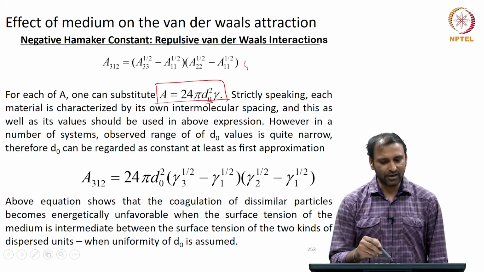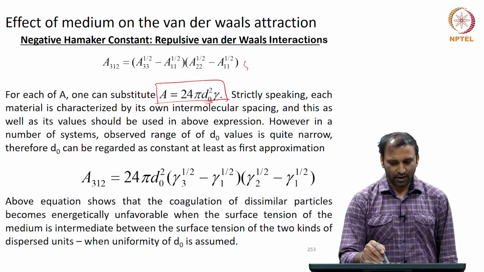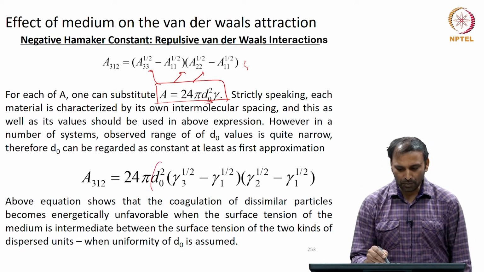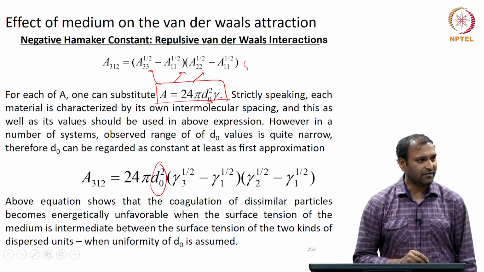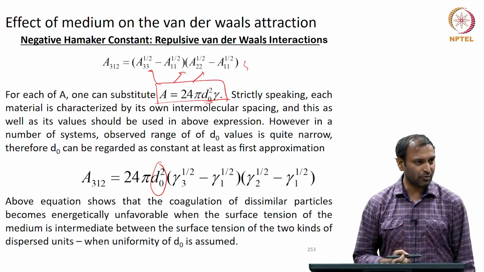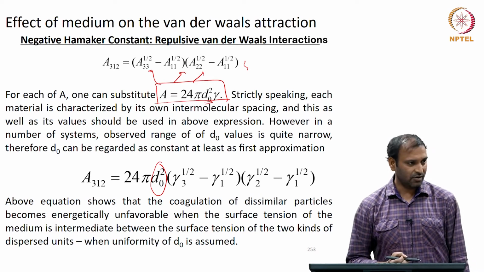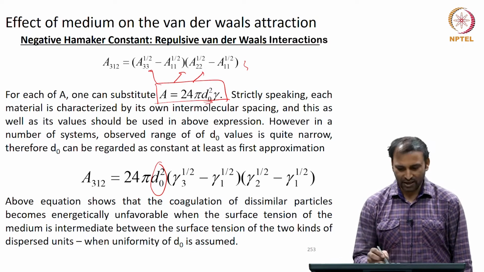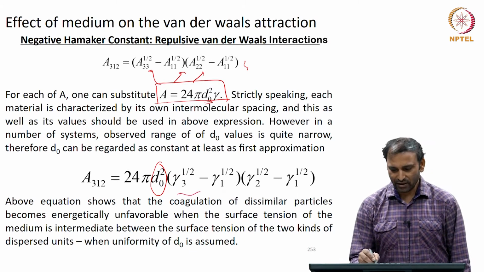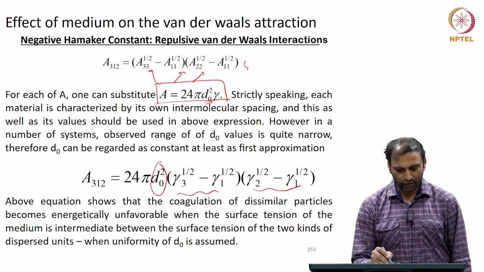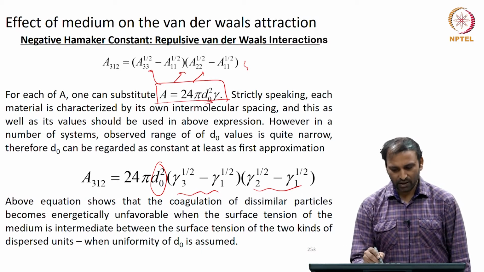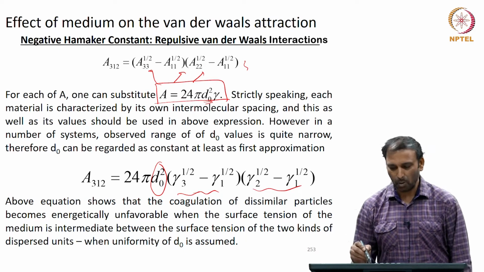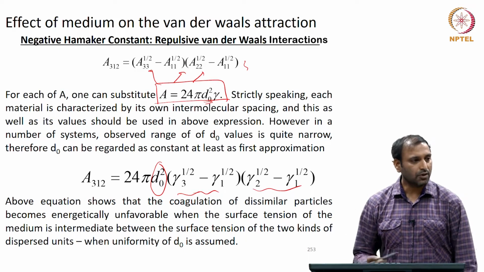I can substitute for each of these Hamaker constants, and if you assume that on average d naught, the equilibrium separation distance between the molecules, is very similar for both the particles and the continuous phase, I can take this d naught out and express A312 as 24 pi d naught squared multiplied by (gamma 3 half minus gamma 1 half) multiplied by (gamma 2 half minus gamma 1 half). So, you can also work it out like this.